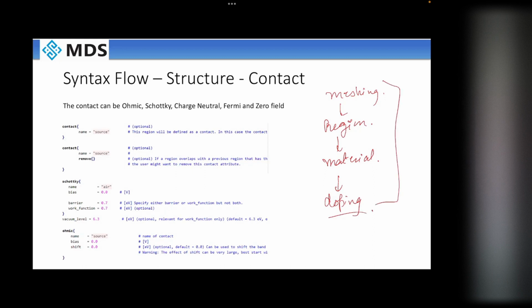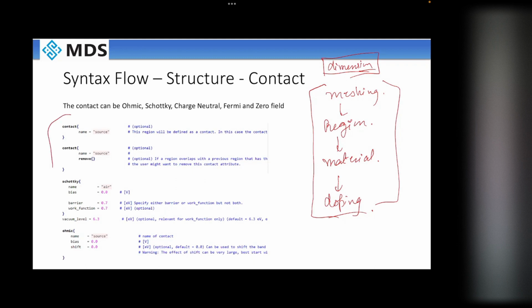These things we have completed, and initially we specified the dimension of simulation, that is, which dimension we are going to use: 1D, 2D, or 3D. Now our structure part is almost complete, and we need to specify the contact statement to apply some bias condition over that and later see the functionality.